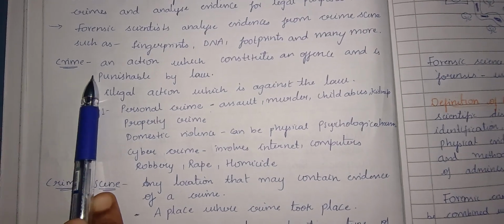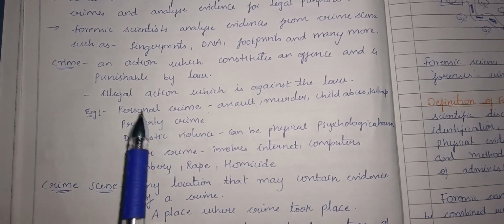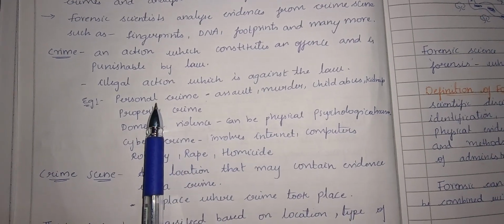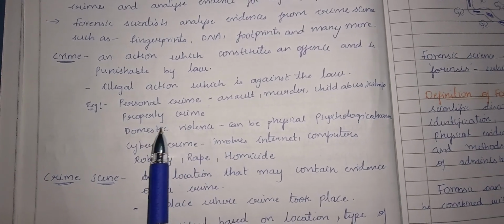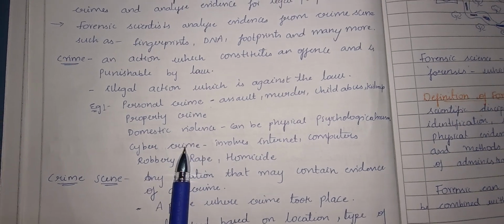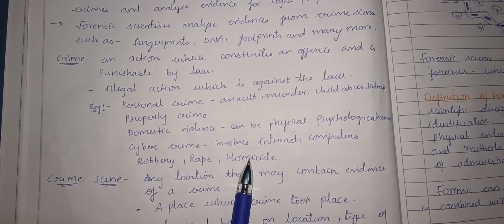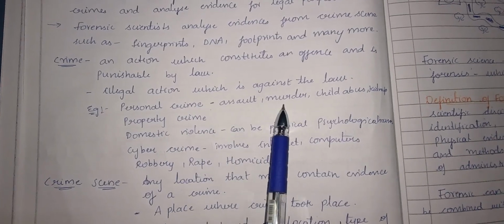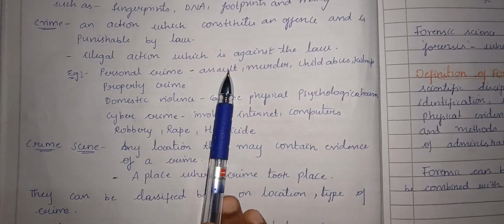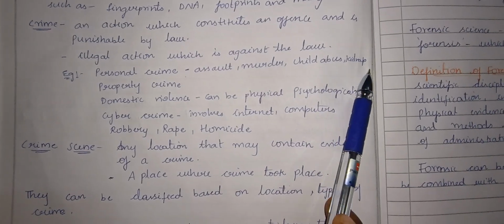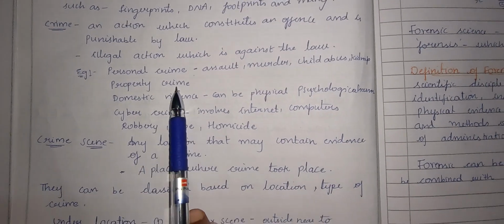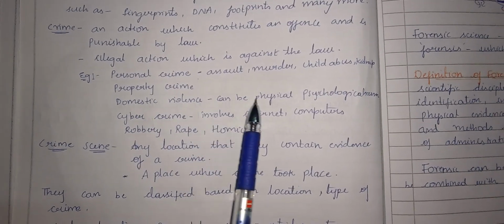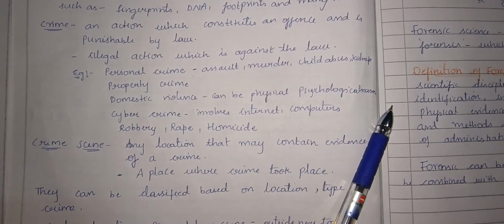Examples of crimes: we have many different kinds of crimes. Some of them are personal crime, property crime, domestic violence, cyber crime, robbery, rape, and homicide. Under personal crime, assault, murder, child abuse, and kidnapping cases can come. Property crimes come under properties. Domestic violence can be physical and psychological harm also.